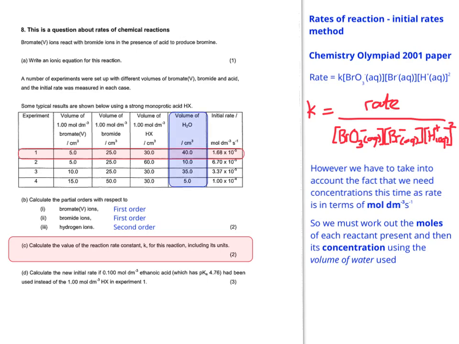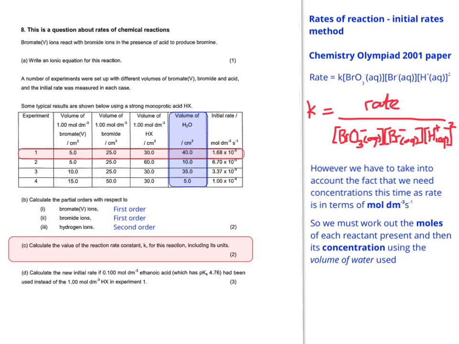So this now has to be taken into account. There's 2 steps we have to do for each of the concentration terms in the denominator of the expression for K. First of all, we have to work out the moles present, and then we have to work out the concentration using the volume of water used.